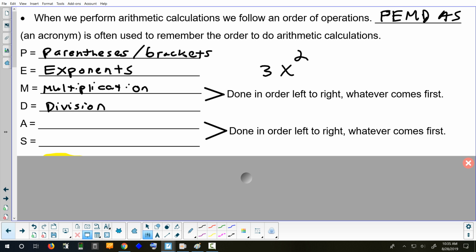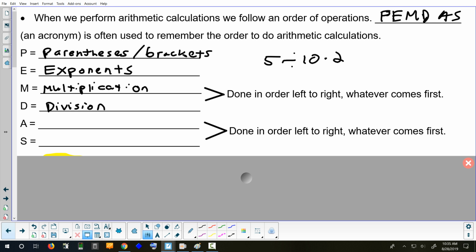I'm not saying that you always do multiplication before division here. I'm saying you do these two in order, left to right. So if I had a problem like 5 divided by 10 times 2, I don't do 10 times 2 first. I do 5 divided by 10 first.